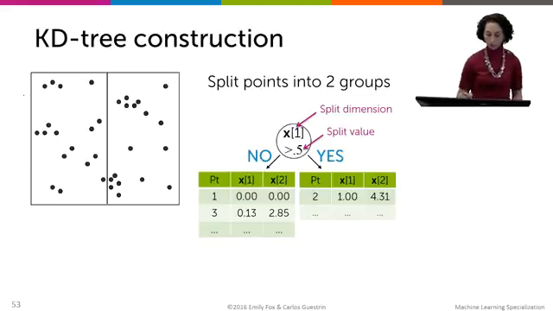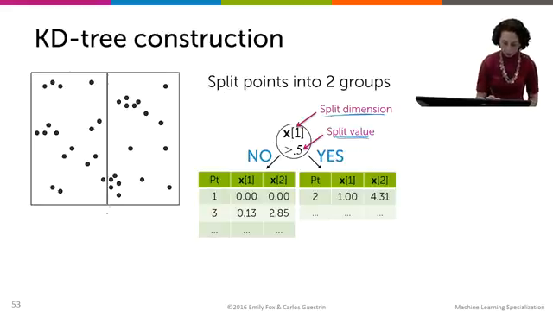Okay, so the first thing that we do is split our data table into two different groups. The way we do that is by choosing a split dimension, so which feature we are splitting on, and a split value, the threshold for this split. Here, in this example, we chose a split value of 0.5, and we're splitting on the first feature.